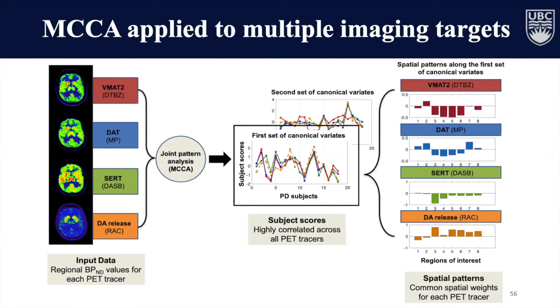So we used the joint pattern analysis that we introduced with dopaminergic tracers, the MCCA. MCCA was applied to all four datasets together, and it extracted the highly correlated subject scores across all four datasets. Each subject score is associated with a spatial pattern within each tracer dataset.